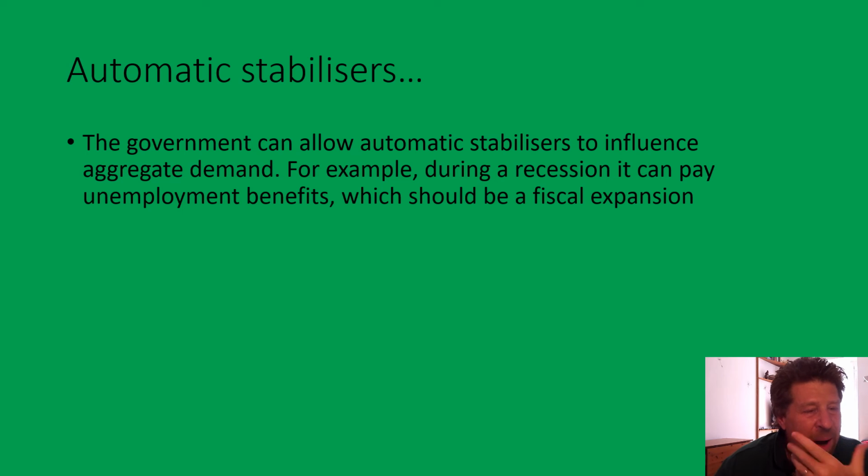So there might be these automatic stabilisers which create a fiscal expansion anyway, without even the government having a discretionary economic policy, to try to have this budget deficit.